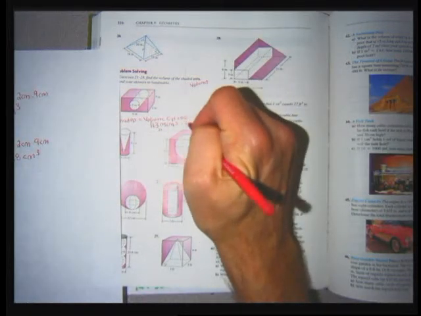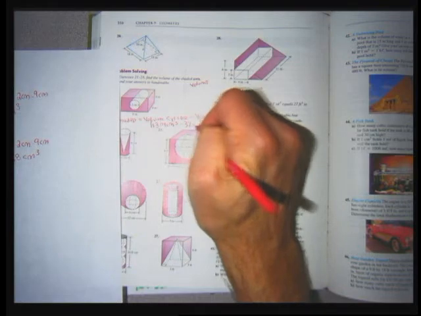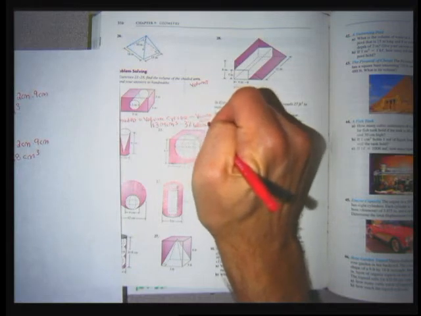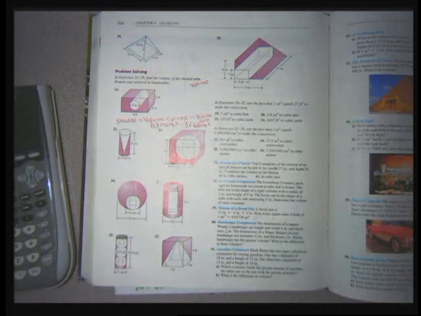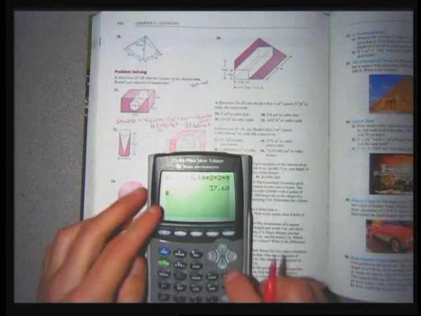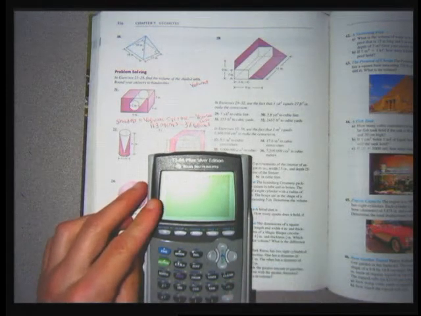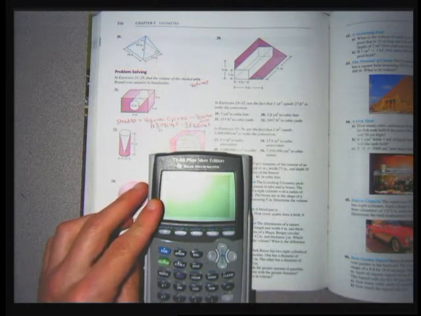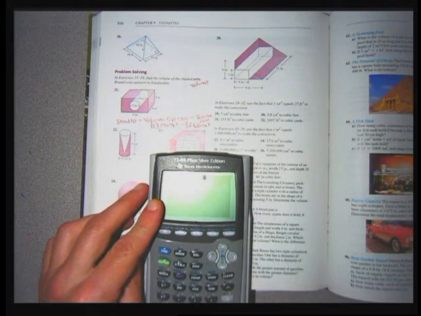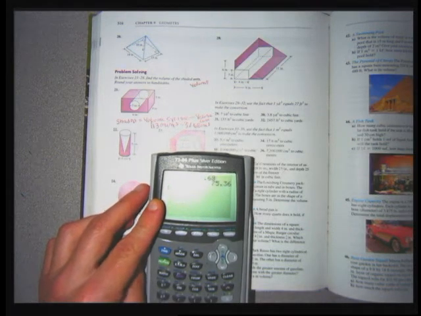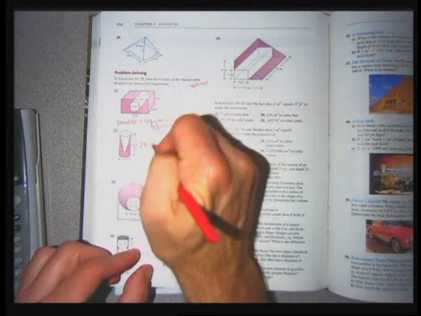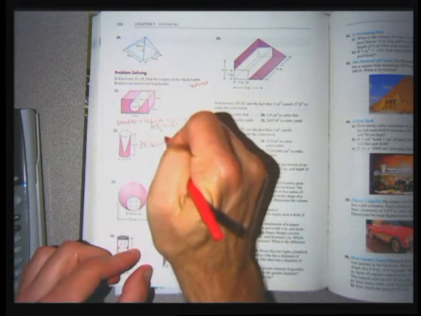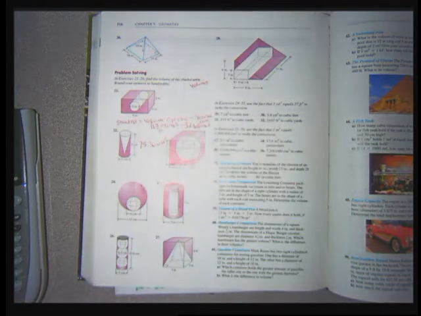The volume of the cone, so I take the volume of the cylinder minus the volume of the cone. That's going to give me the volume of the shaded region, or the area of the shaded region, which really is not the proper word. I'm going to subtract these: 113.04 minus 37.68. And I get 75.36 cubic centimeters.